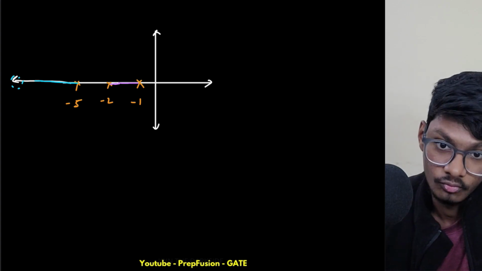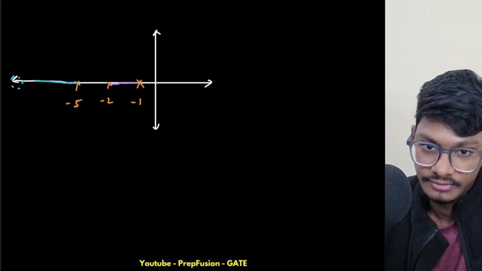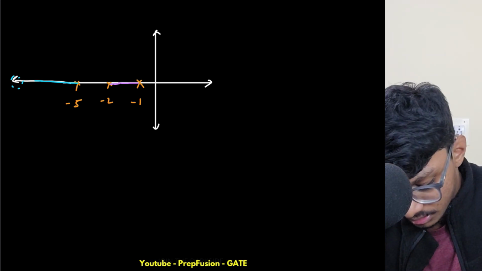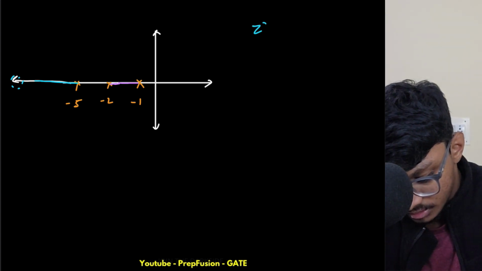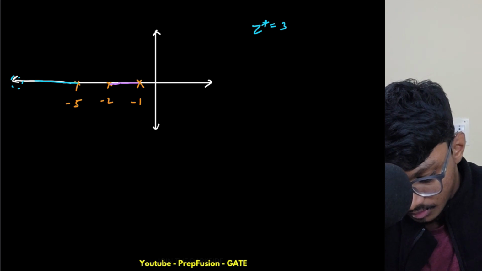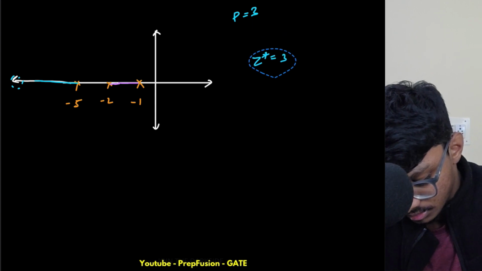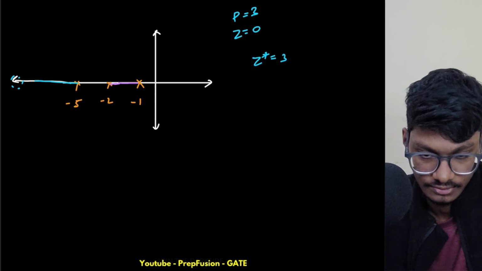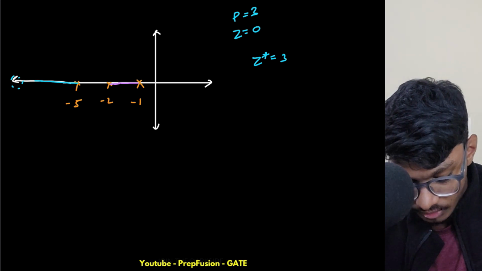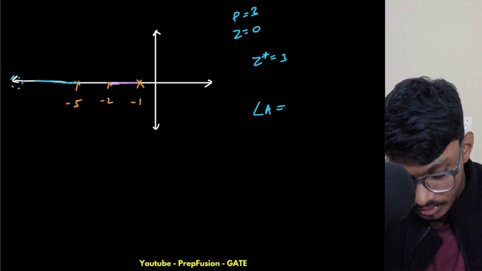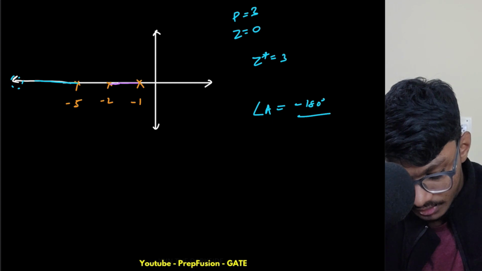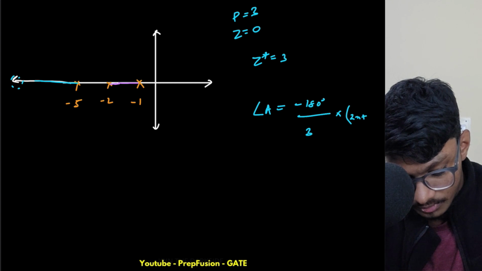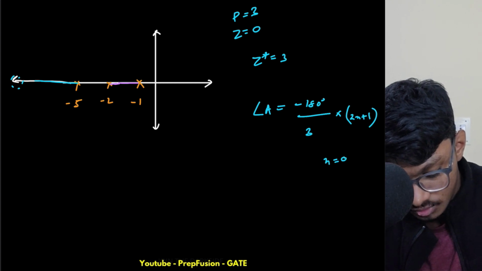And where will the other virtual zeros lie? So I have here number of virtual zeros equals to 3, number of poles equals to 3. Number of zeros is 0 anyway, other than the virtual ones. So how many asymptotes will I have? Angle of asymptotes will be minus 180 divided by p minus z, which is 3, into 2n plus 1, where n varies from 0 to p minus z minus 1, which for our case is 2.